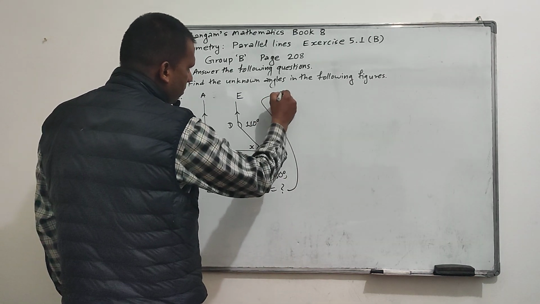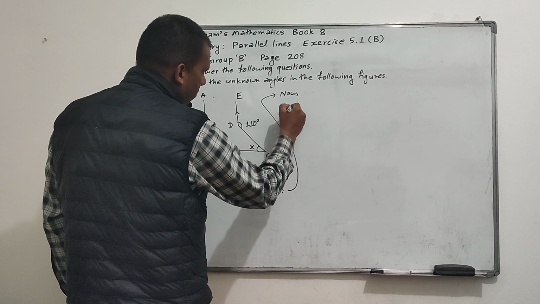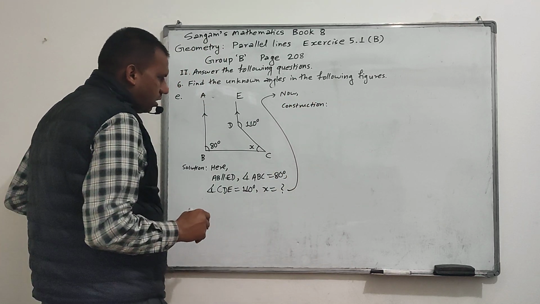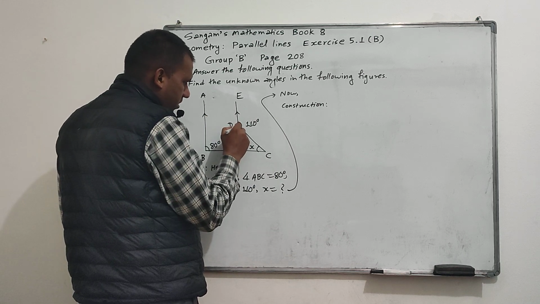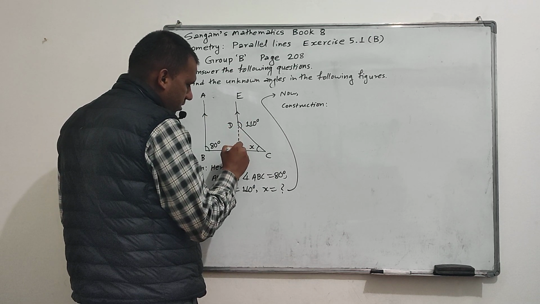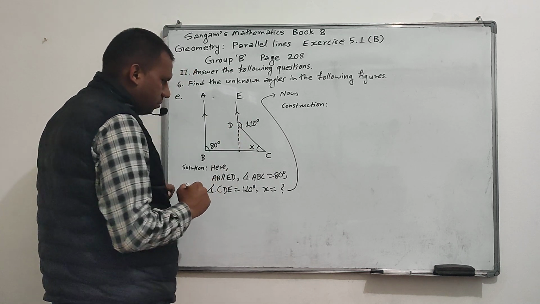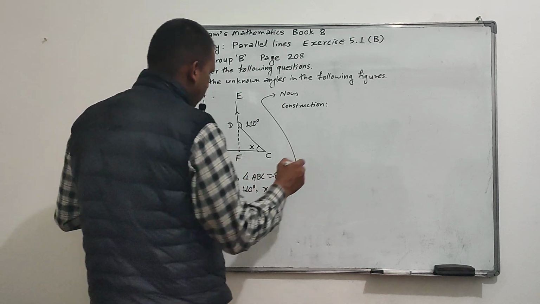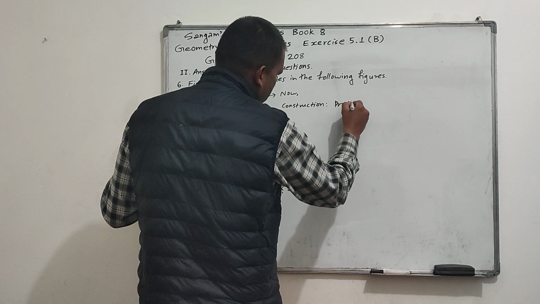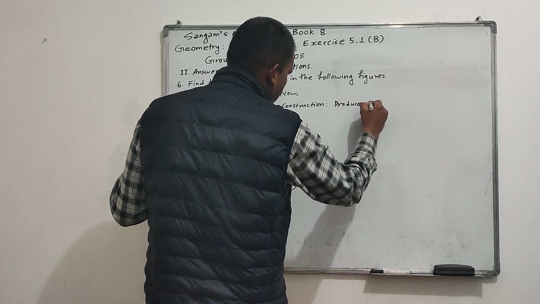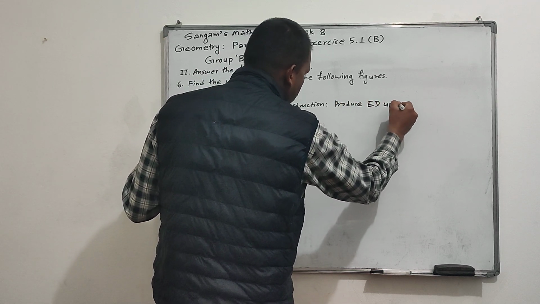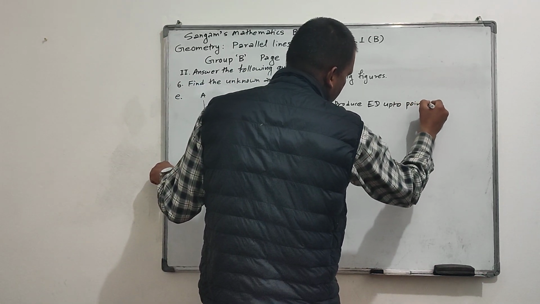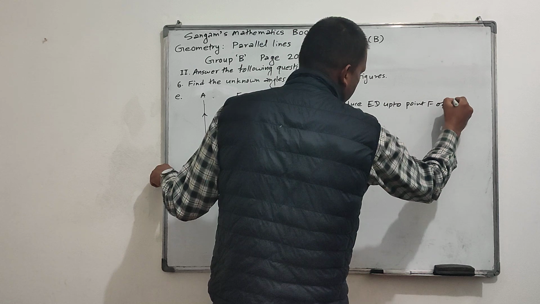Now construction: extend AD up to BC. This meeting point is F. So construction, produce AD up to point F of BC.